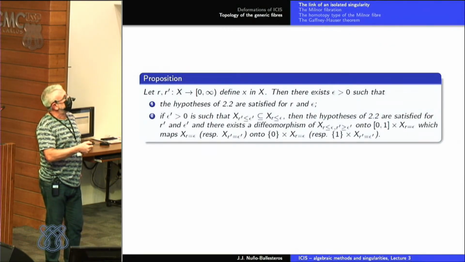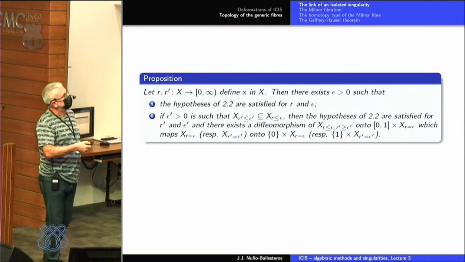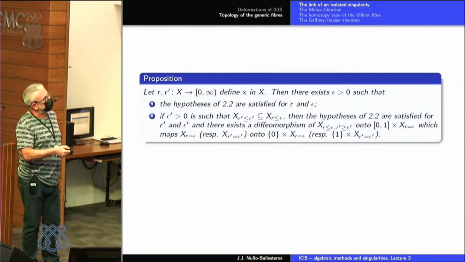And if you take any epsilon prime such that this x sub r prime less than or equal to epsilon prime is included in x sub r less than or equal to epsilon, then the hypotheses of the proposition are also satisfied for r prime and epsilon prime, and there exists a diffeomorphism from this set.